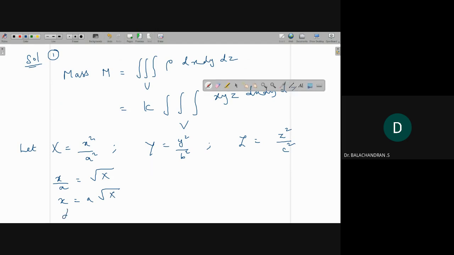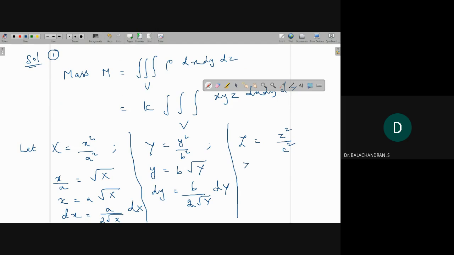So dx is equal to a by 2 root x into dx. Similarly, what is small y? Small y equals b into root Y, dy equals b by 2 root Y into dY.